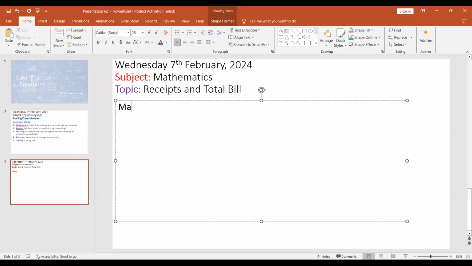Okay, so the first question, let's call this example number 1. It says Mary purchased the items below from the store.